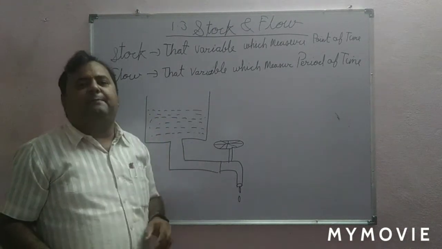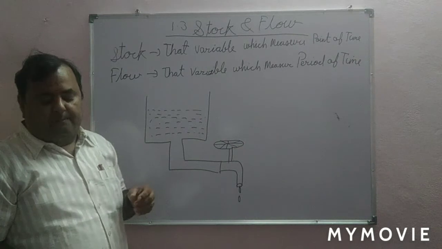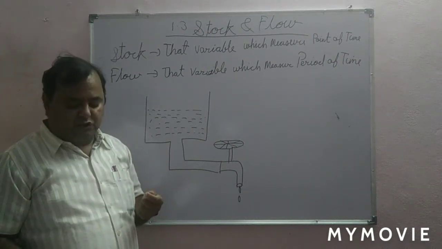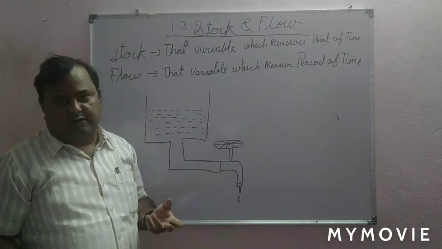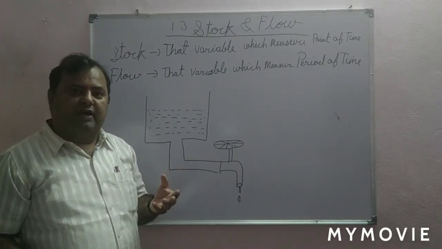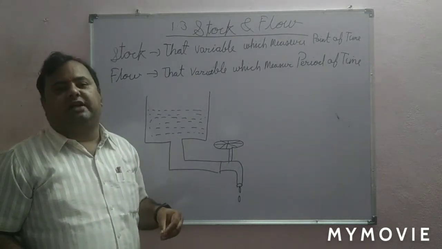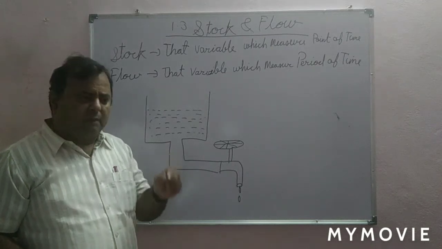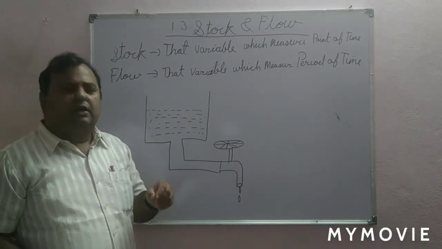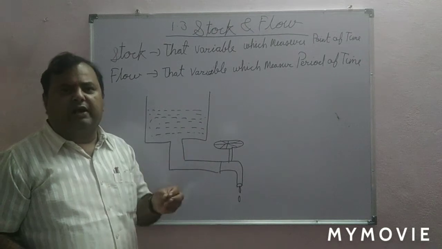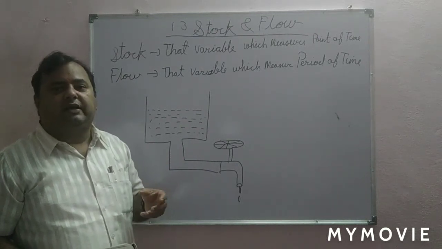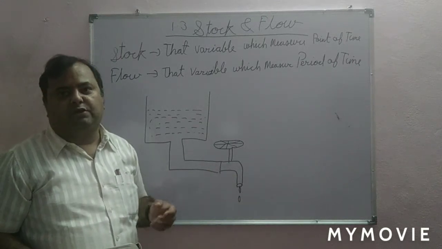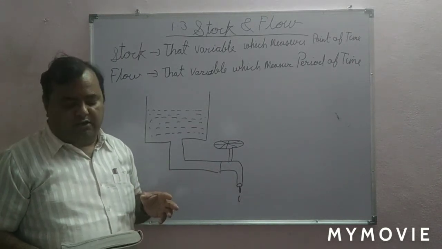Some examples of stock: the population of India as on 31st March 2010, or the population of India on today's date. You can calculate today's population as stock, but you cannot measure the flow of population. You can measure the stock, right?